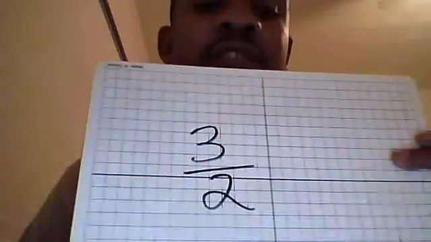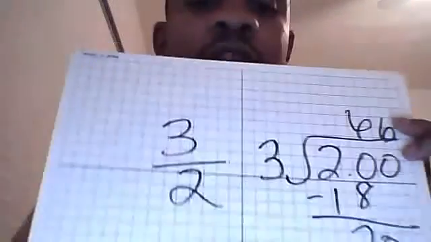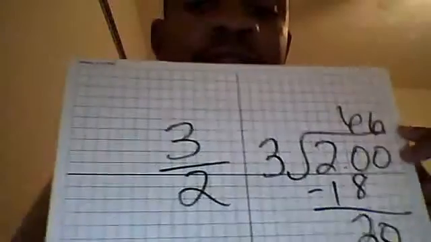Finally, students need to know how to turn this into a decimal and a percent. Here's what you would do. The numerator would go on the outside, the denominator on the inside.